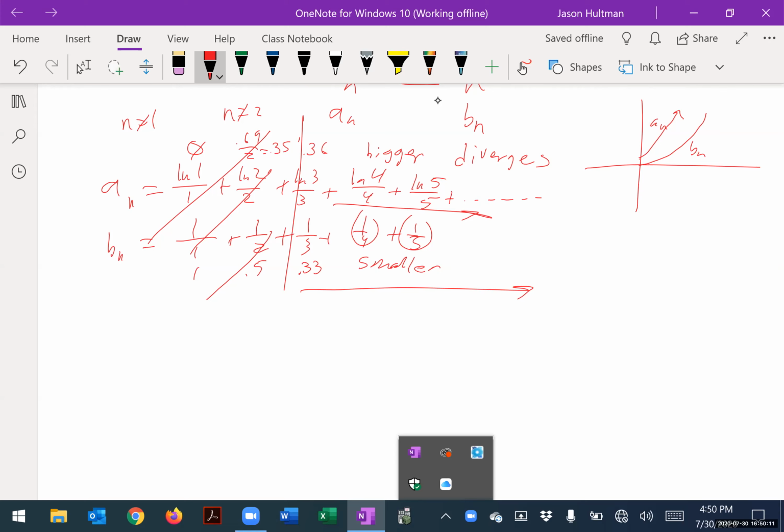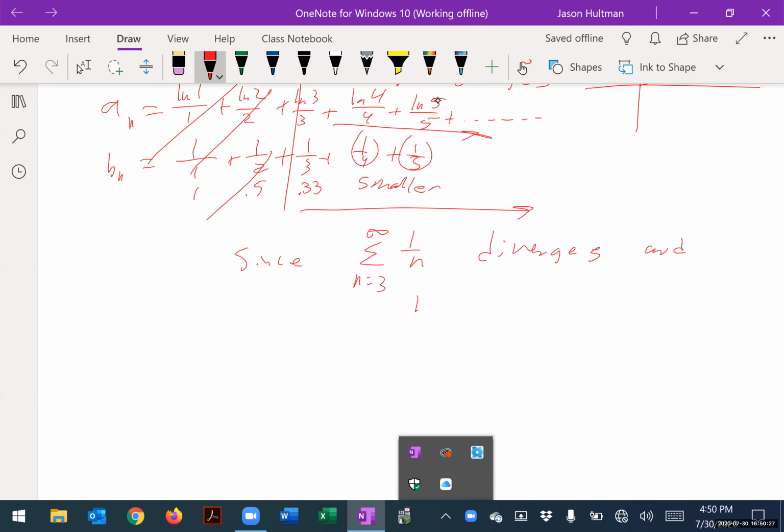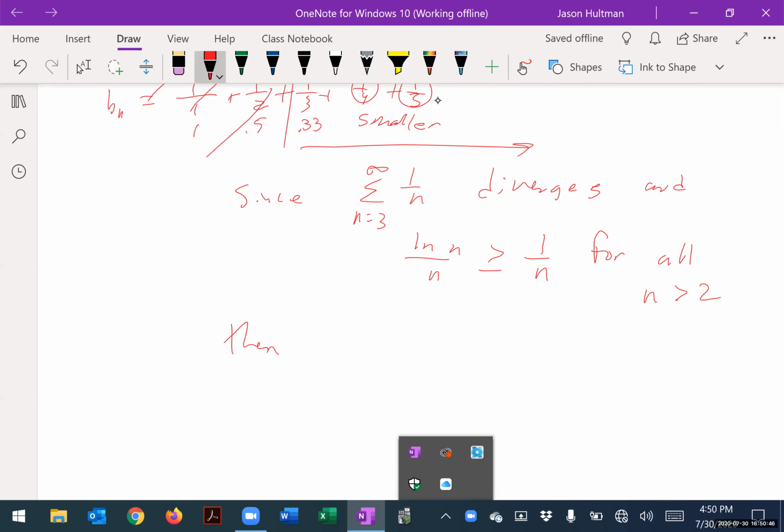Well, since the summation of n equals 3 to infinity of 1 over n diverges, it still diverges, and the natural log of n over n is greater than or equal to 1 over n for all n greater than 2, then we can say that the sum from n equals 3 to infinity of the natural log of n over n also diverges.